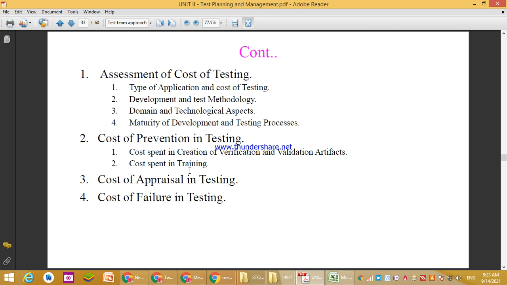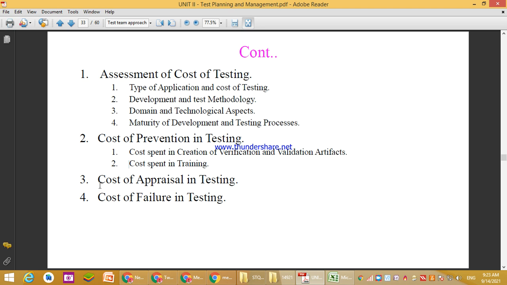Cost spent in training. These are the things which come under cost prevention in testing. Have you understood? Consider this: if some projects or some software do not require any kind of training for the testing, automatically it will save the money, right?